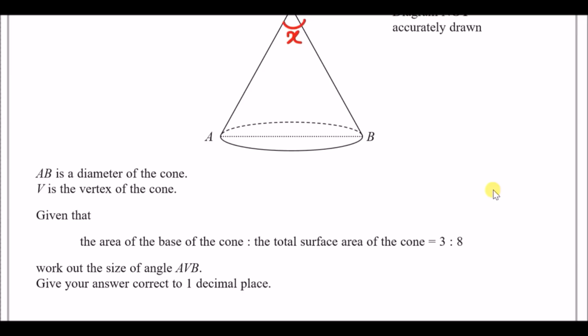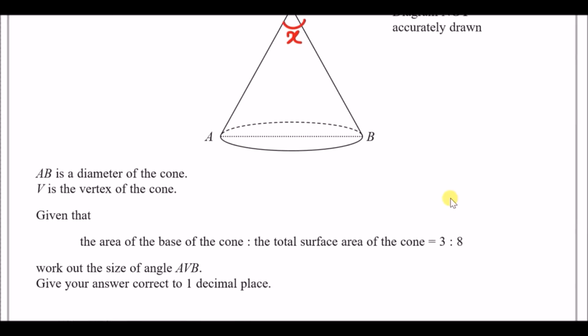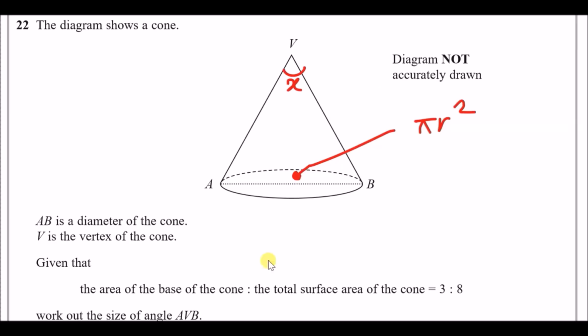This one looks a bit frightening, I'm not gonna lie. So let's have a look at this carefully. First things first, let's answer what they want. They want the area of the base of the cone, so we're talking about the area of a circle, which is literally pi r squared. For the total surface area of the cone, it comes under two parts.